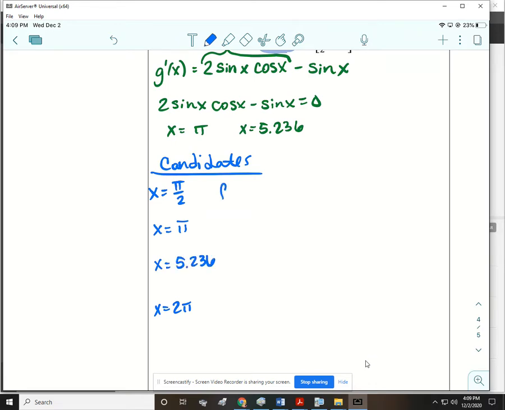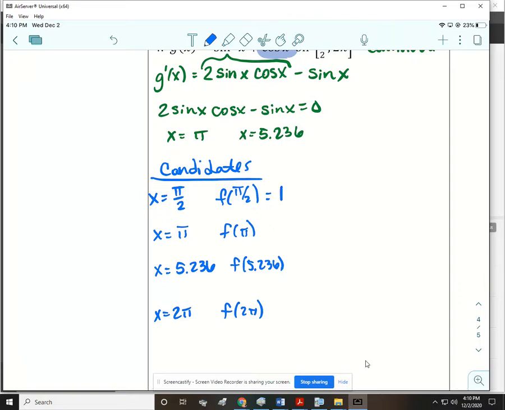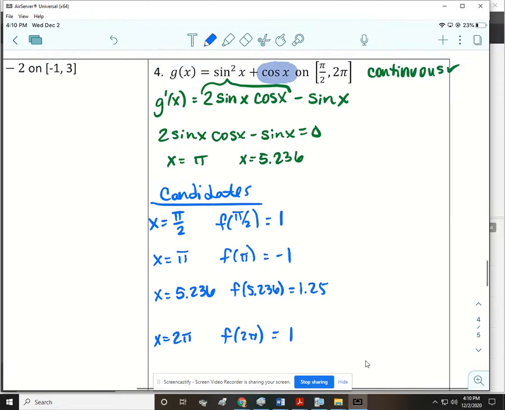All right, and then we'll go back to the original function and we'll plug in those values. Now be careful that you don't use the derivative function. Be careful that you use the original, not the derivative. So I already did this just to save time. And you can do it in your head, or you can do it in the calculator. It's up to you.